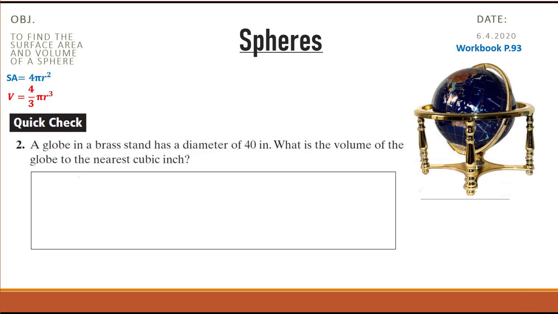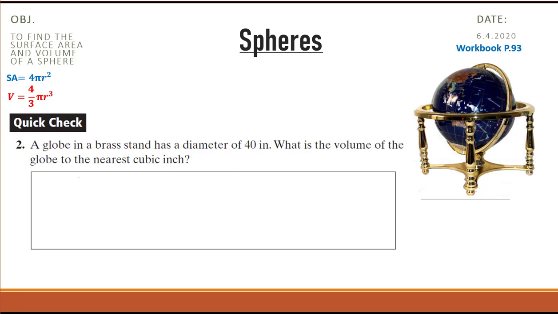Okay. Let's see the answer. Most of you have the same answer and few of you have another answer. So let's see the correct one. Of course it's cubic inches, that's volume. A globe in a brass stand has a diameter of 40 inches. What is the volume of the globe to the nearest cubic inch?